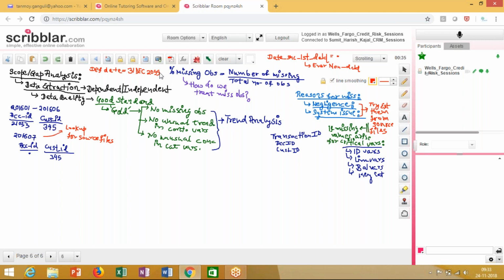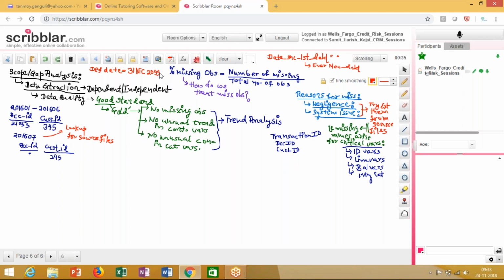Whenever I see that an account has never been delinquent, has never missed any payment, and does not have a date since last delinquency, I substitute those accounts with the date 31st December 2099.